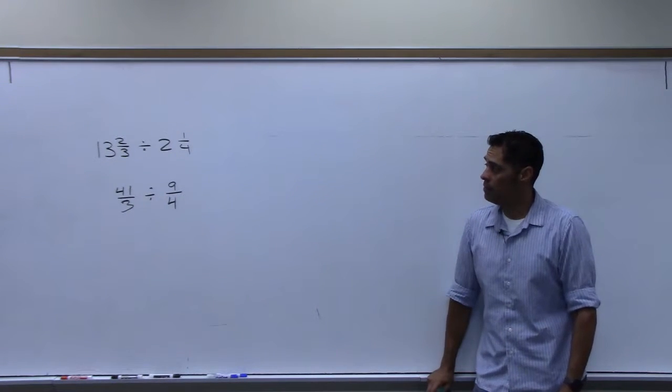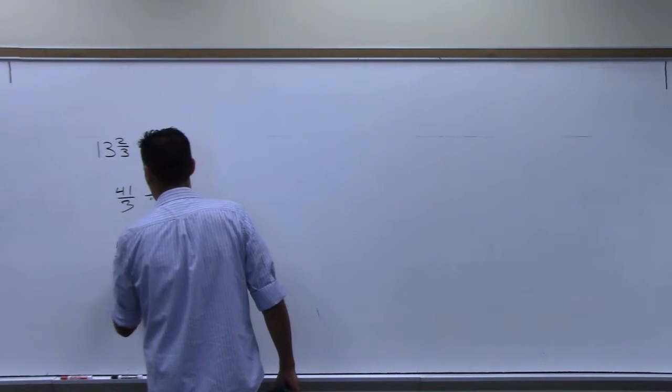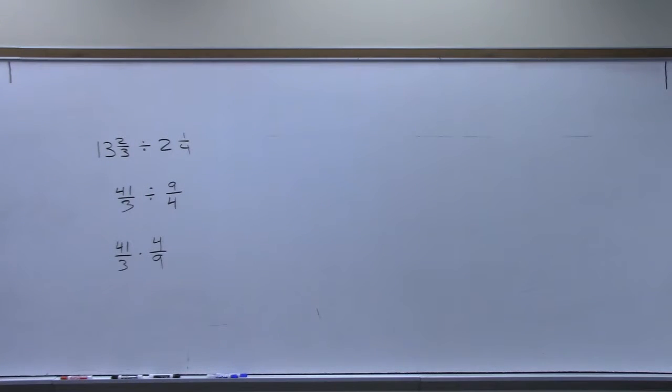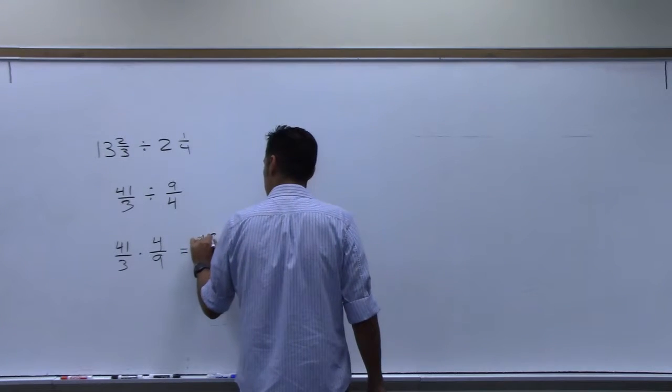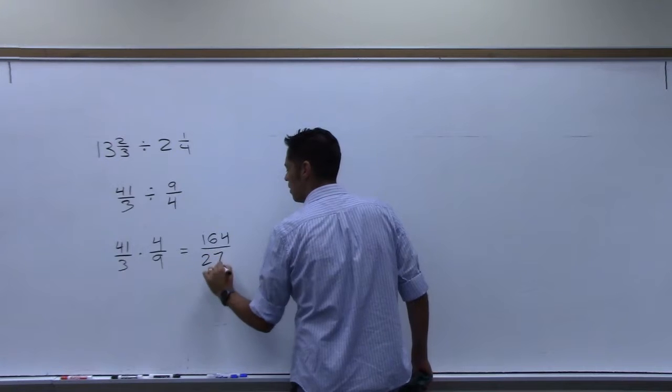And division becomes multiplication, flipping, multiplying by the reciprocal. And then we go straight across. So what is that? 164 over 27.